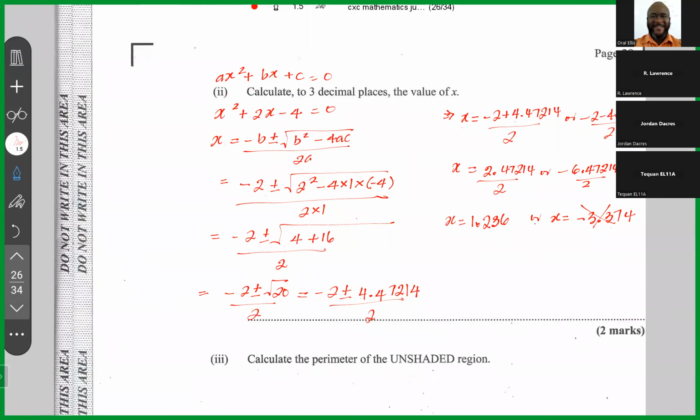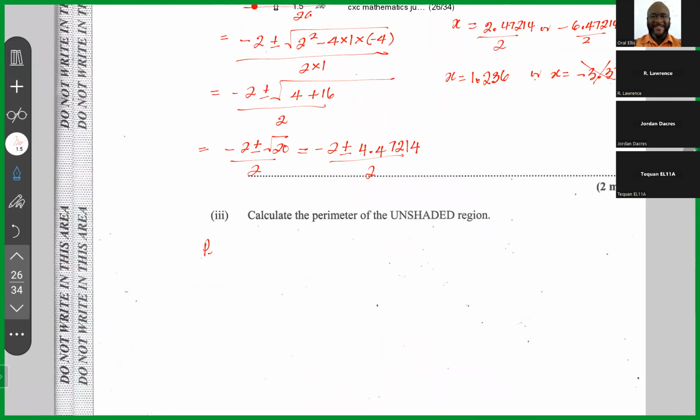the perimeter of the unshaded region would be 3x plus 3x plus 2, this would be the top, plus 3x plus 4, this would be the side, plus 3x plus 3x plus 2 plus 3x plus 4 plus 3x plus 2 plus 4.